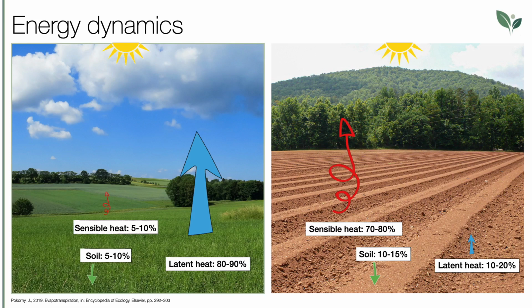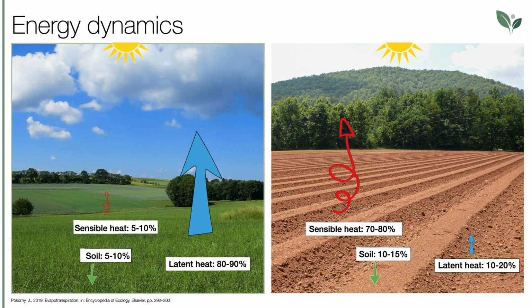And this is exactly the effect of sensible heat, in which the solar radiation is converted into increased and directly perceptible air temperatures. Only a small part of 10 to 20%, depending on how much water is available in the soil, for example, which is then available for the evaporation process, then passes into the latent heat.